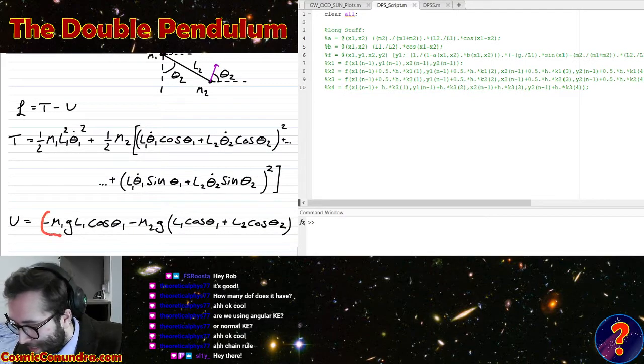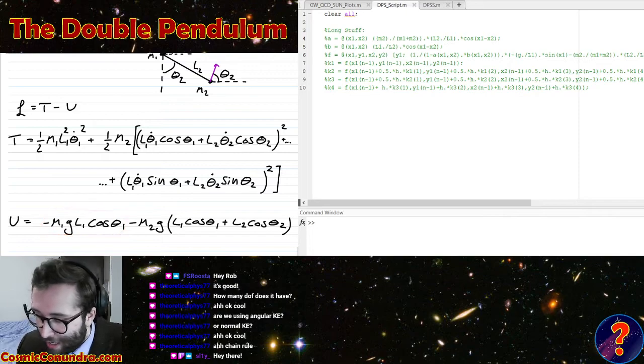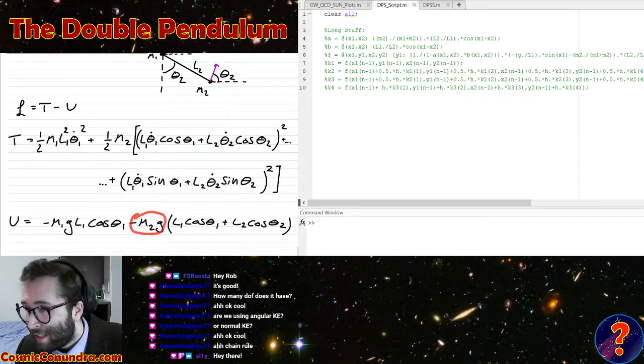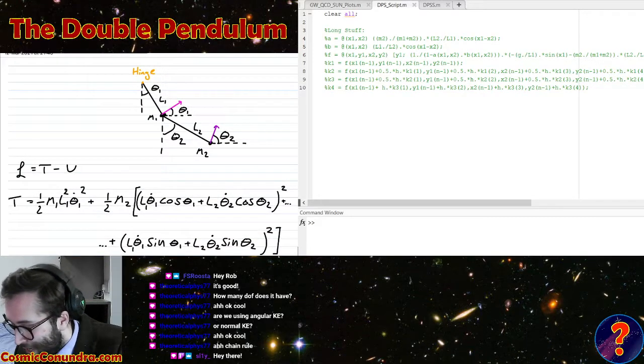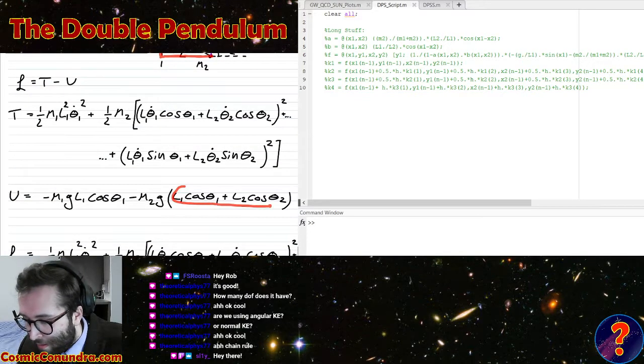So that is why we get this as the potential energy for the first mass. Then the potential energy of the second mass is the same thing. It's going to be minus mg times the height that the second mass is under the baseline. So that is the height of this triangle plus the height of this triangle. So that is L1 cosine theta 1 plus L2 cosine theta 2, which is why it appears here.